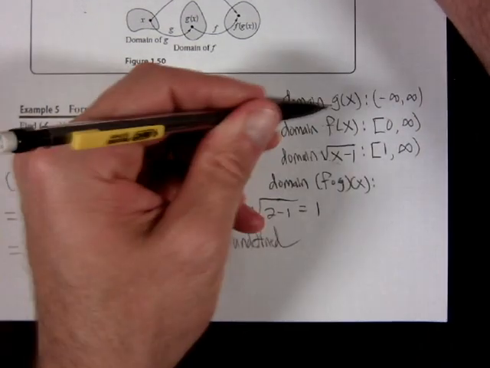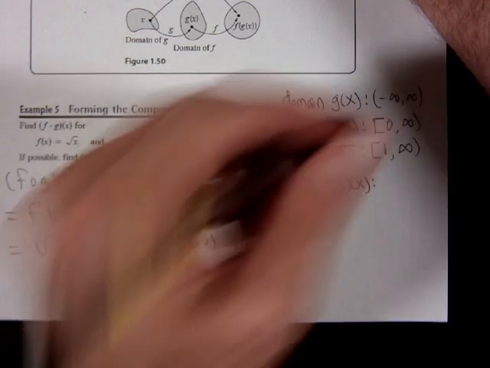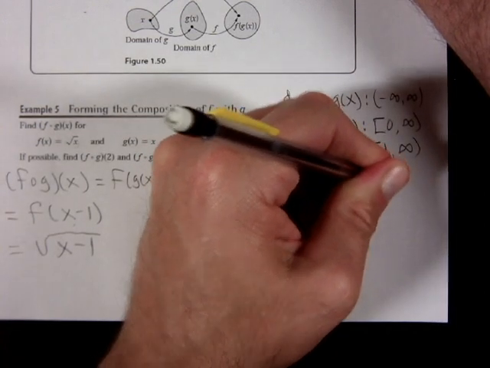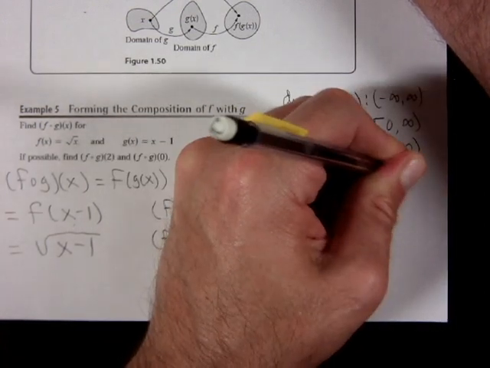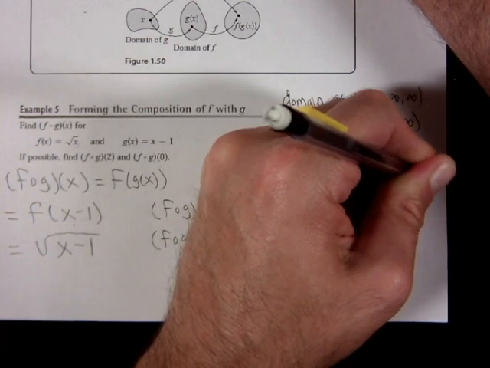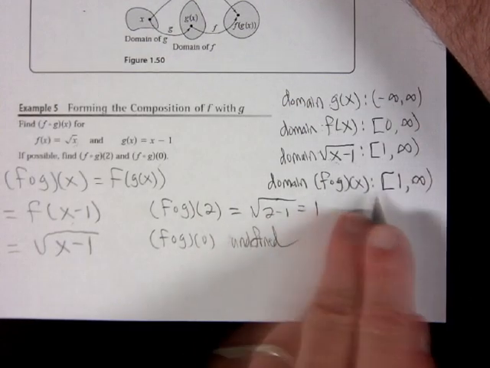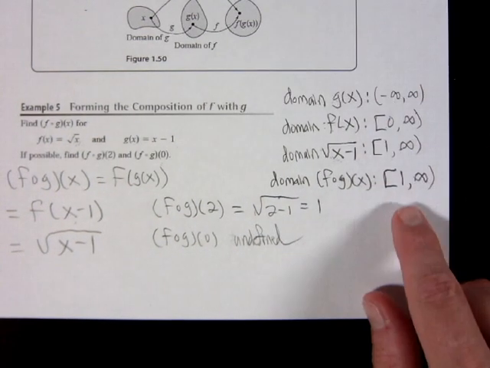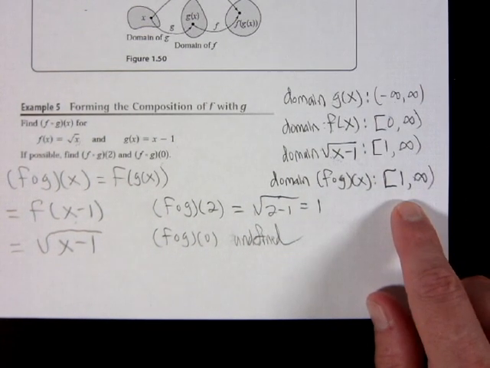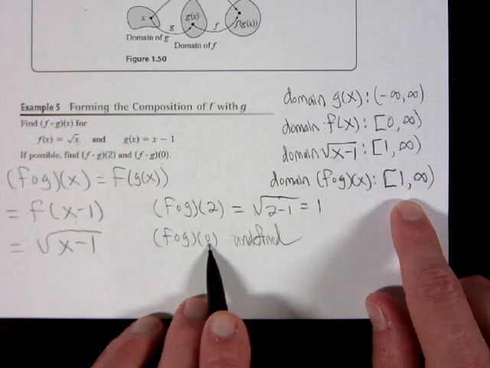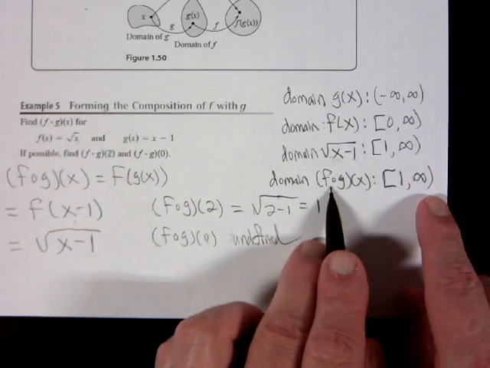You've got to really look at both of these before you decide on your answer. So my answer here is 1 to infinity. That is the actual domain of the composition. And when we look at this domain, we can see why 0 didn't work. It's outside of the domain of the composition.